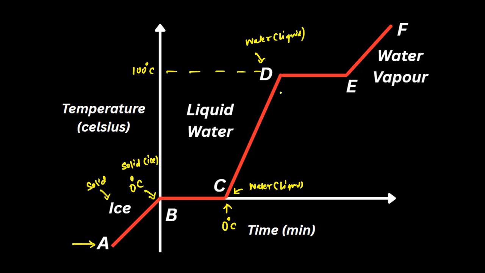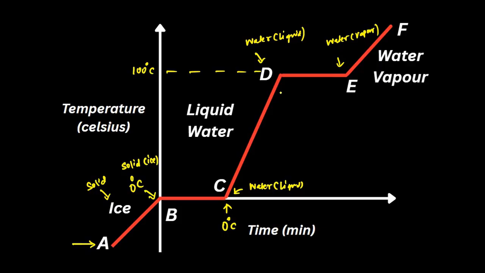As we cross point D and keep on supplying heat, the temperature again remained constant till the water becomes vapor entirely. The entire liquid got converted into vapor, and until then the temperature didn't increase. Just as until the entire solid ice got converted into liquid water, the temperature did not budge a bit and remained still at 0 degrees Celsius, here it remained still at 100 degrees Celsius till the entire liquid got converted into vapor at E.